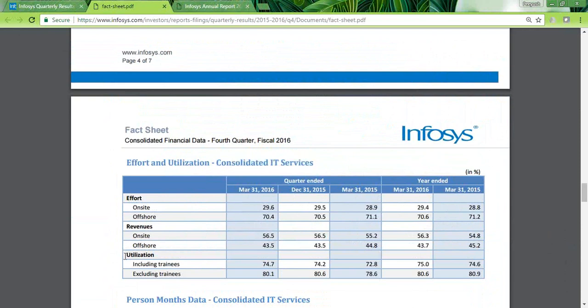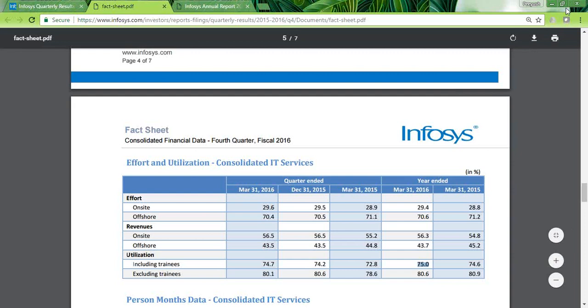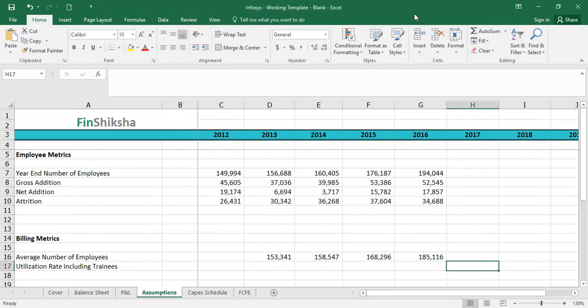You will note the final piece here, which is utilization including trainees, is about 75% here, and it was about 74.6% here. The assumption we are going to make is that the same utilization will work across the firm. So we are going to use 74.6 and 75% as the utilization numbers, including trainees, because we are looking at all the employees who are getting billed.